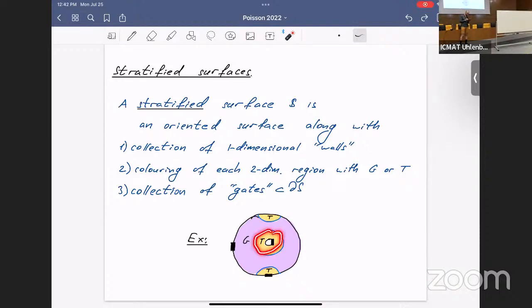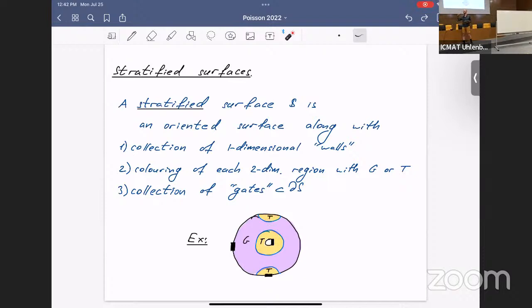So this is a wall, and this is a wall. Then walls subdivide my surface into two-dimensional regions, and I want to color each of the regions either by G, the group, or T, the maximal torus. In all my pictures, I'll color G regions with purple and T regions with yellow. And I promise I won't write anything in T regions except for the letter T.